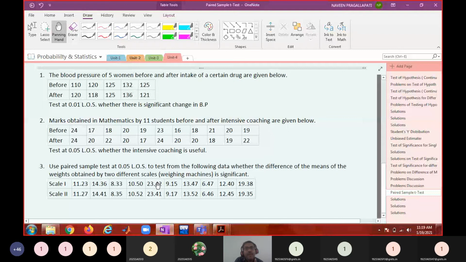If it is useful, what should be the sign of the mean differences? Should it be positive or negative? It should be positive.